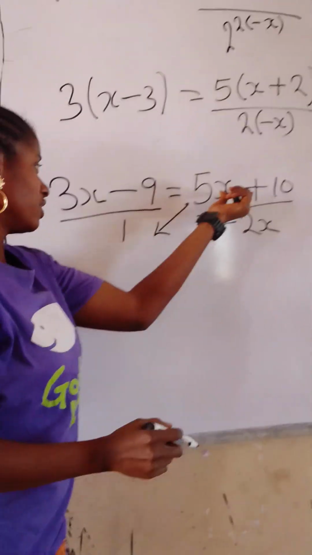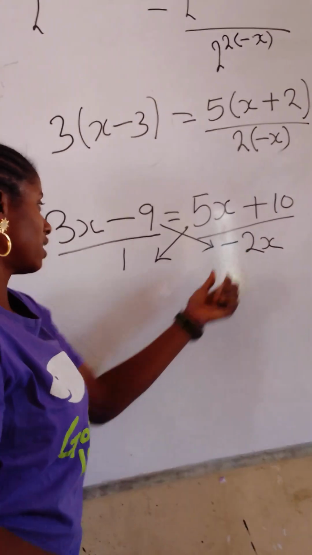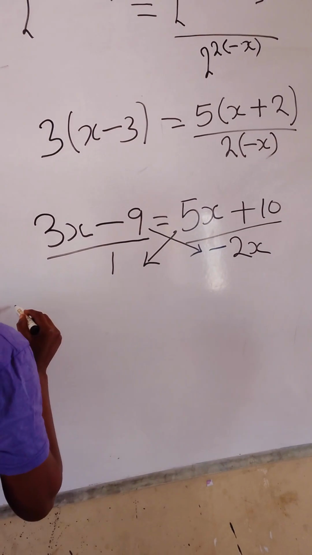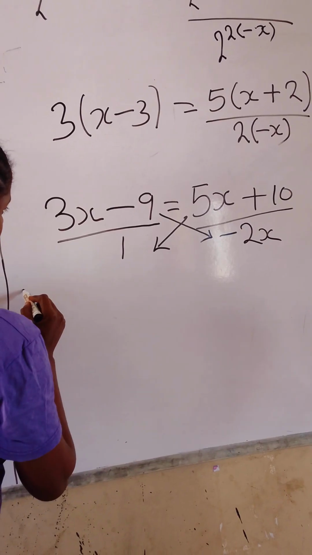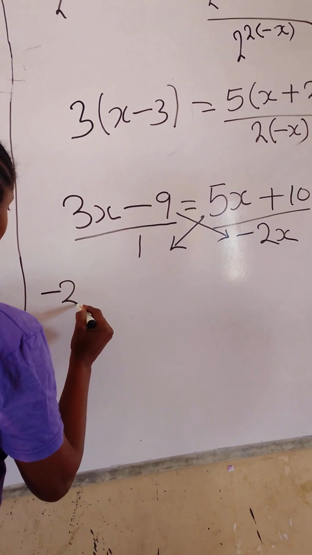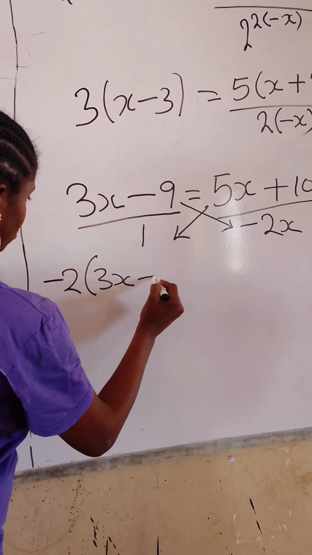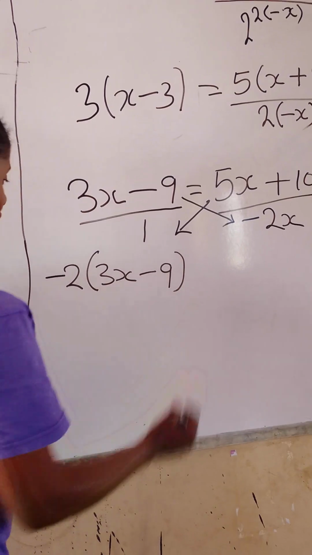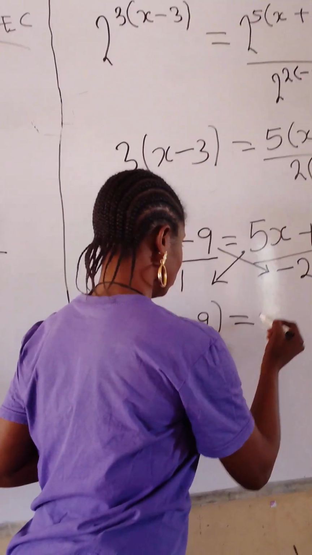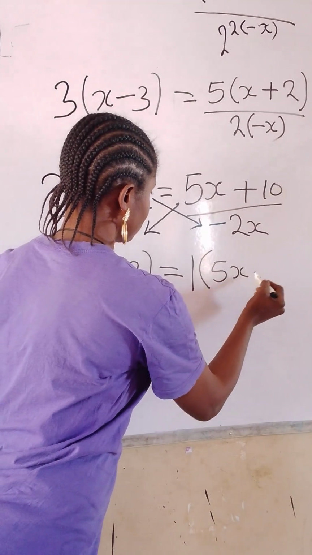Multiply everything here by 1, and everything here by minus 2x. So from here, we have minus 2x into the bracket of 3x minus 9, bracket close, is equal to 1 into the bracket of 5x plus 10.